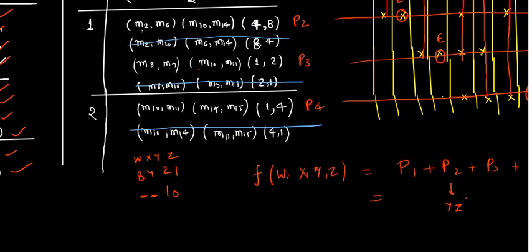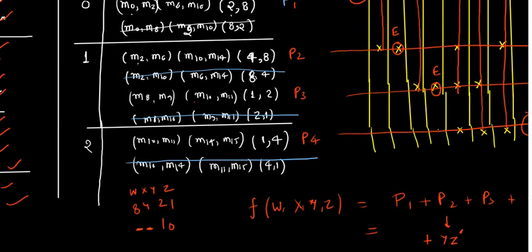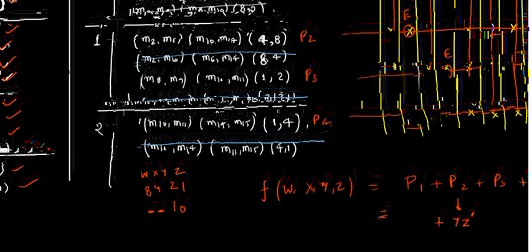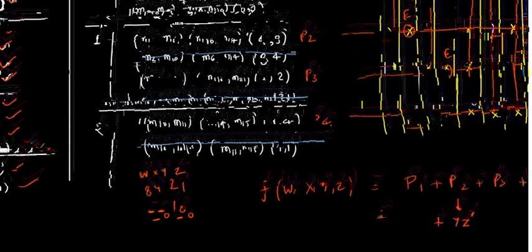Very good. Then let's see P1. P1 is 2, 8, 0, right? Because the first term is M0. So the answer is X prime, Z prime.